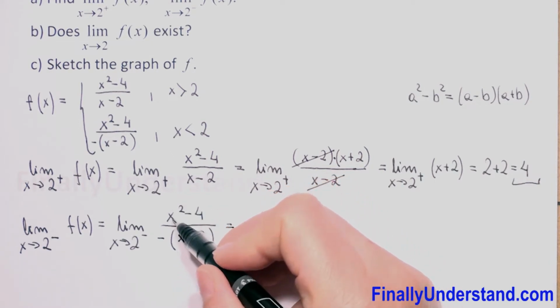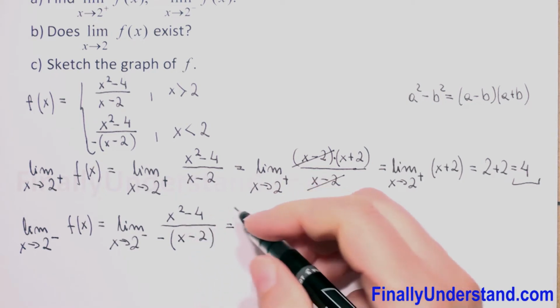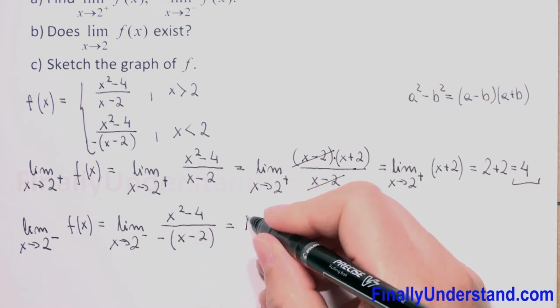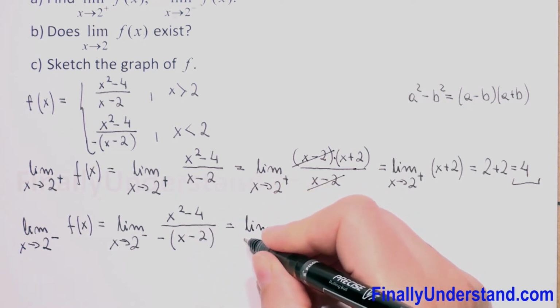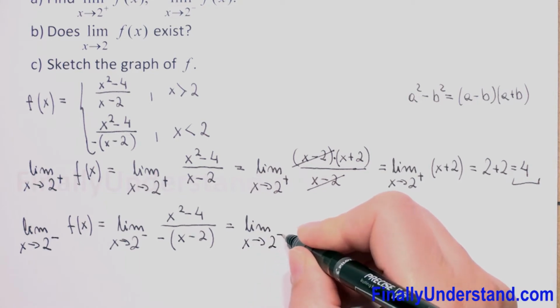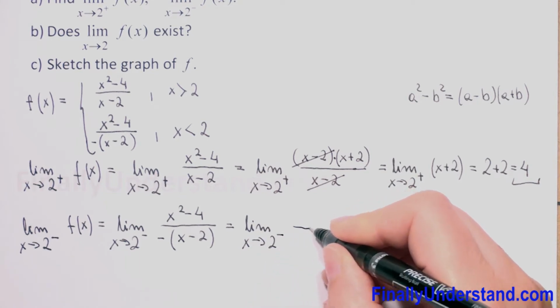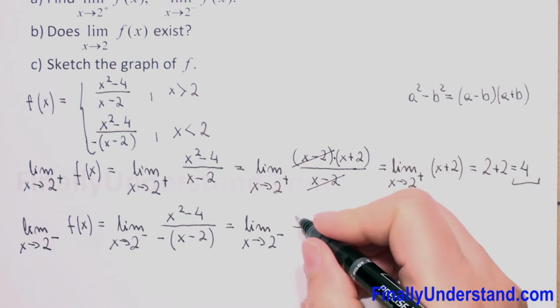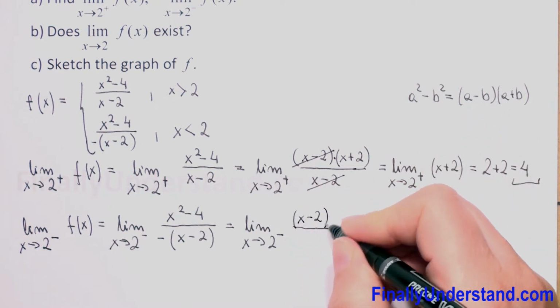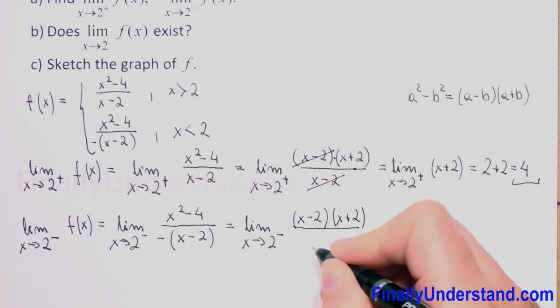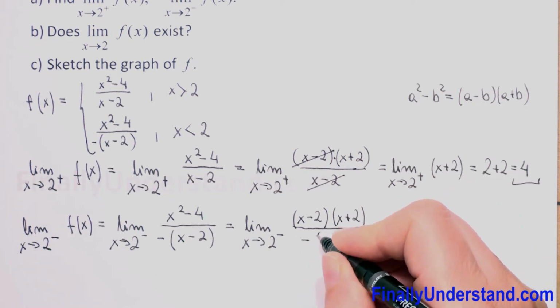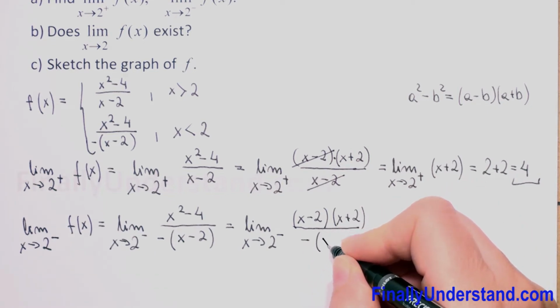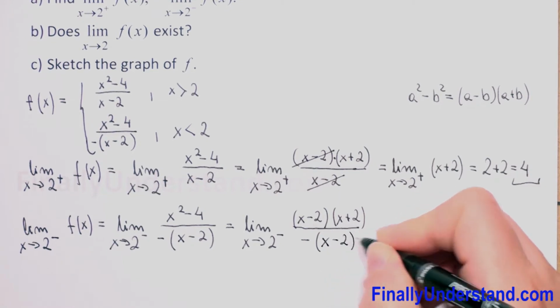Again, I can rewrite this difference of squares. So it will be the limit as x approaches 2 on the left side, and in the numerator I will use this formula, so it will be x minus 2 times x plus 2 over the negative sign I have, and in parentheses x minus 2.